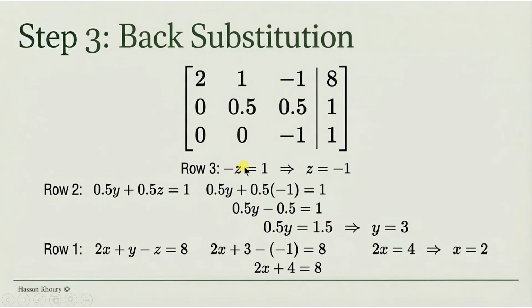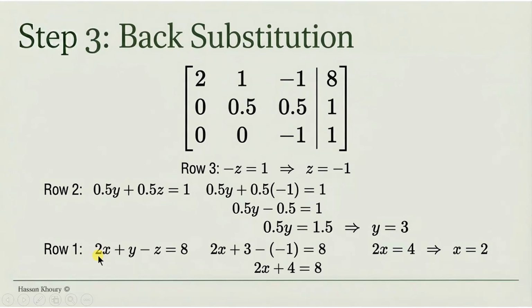So from here we can find that 0x plus 0y minus z is equal to 1. So z is equal to minus 1. And similarly for this row, 0.5y plus 0.5z equal to 1, and here z is equal to minus 1. So 0.5y minus 0.5 equal to 1, and 0.5y equal to 1.5, and y equal to 3.